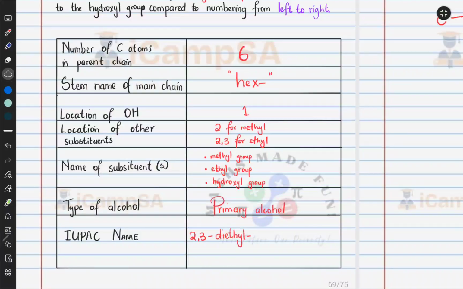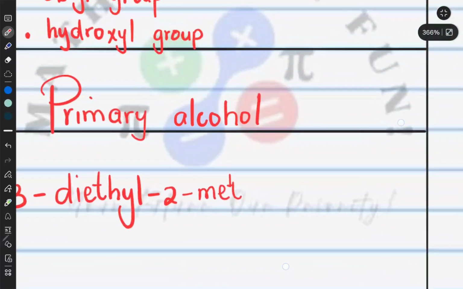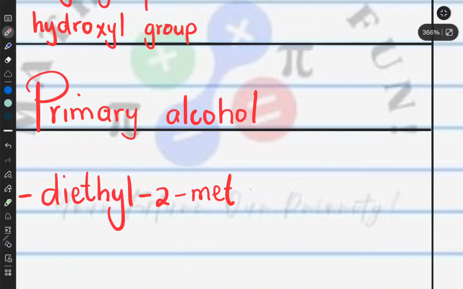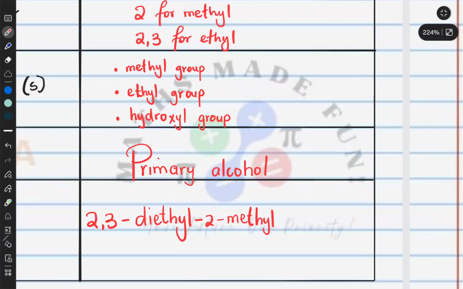So diethyl, and then now we mention the methyl group as well, which is on position number 2, methyl. All right, and then there's no other group except the hydroxyl group.